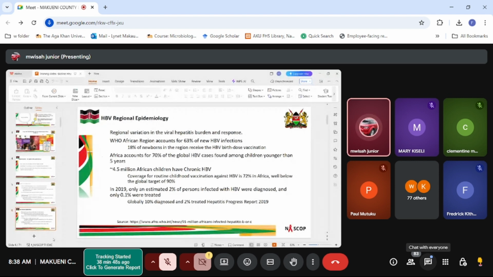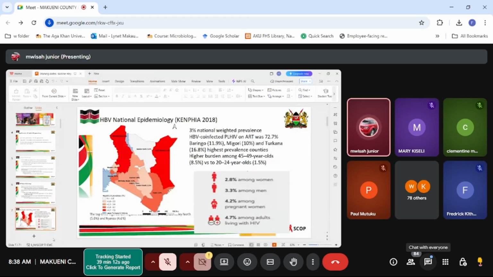And in 2019, only an estimated 2% of persons infected with hepatitis B virus were diagnosed and only 0.1% were treated. So the figures are very low, 2% and only 0.1% were treated. That is very low. That is why the country has shifted to triple elimination.